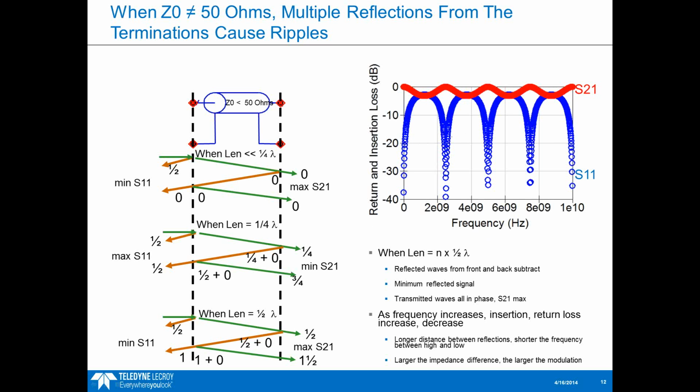So if you have some very long interconnect, you'll see these ripples are really closely packed together, whereas if you're measuring some really short thing, you'll see these are spaced very far apart. And the larger the impedance difference is here, the larger the modulation will be in this ripple waveform.